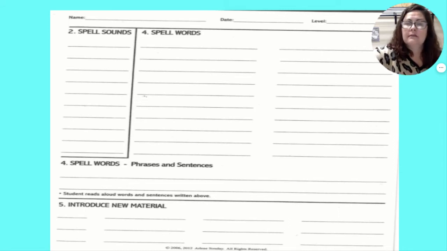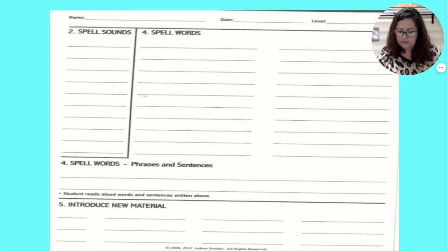Wood. Crown. Face. Next one is considered a sight word in Sunday. Wood. Large.